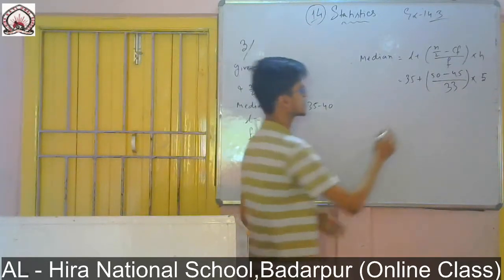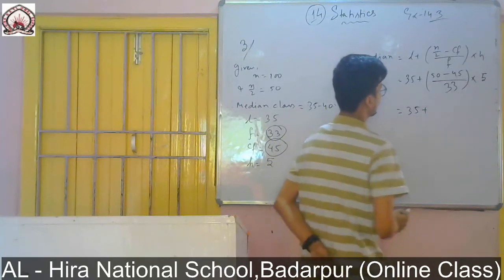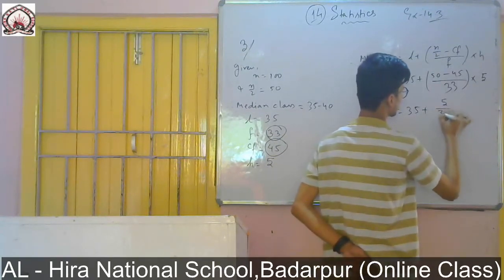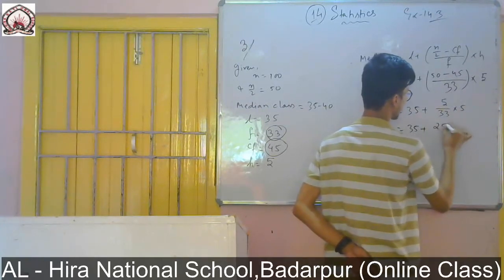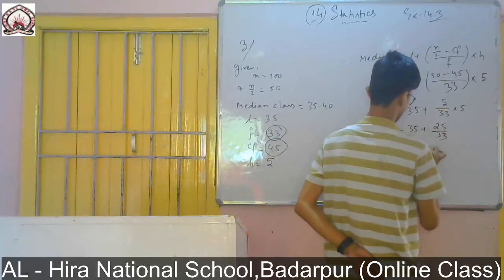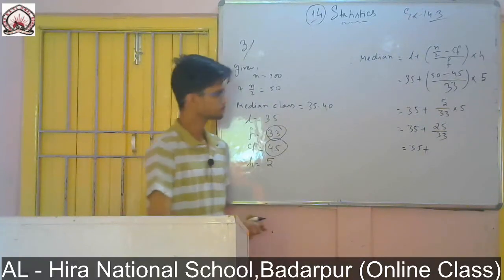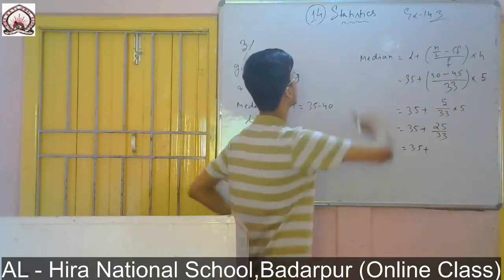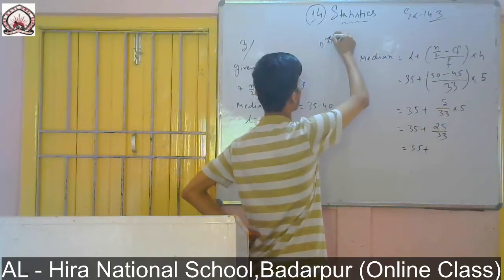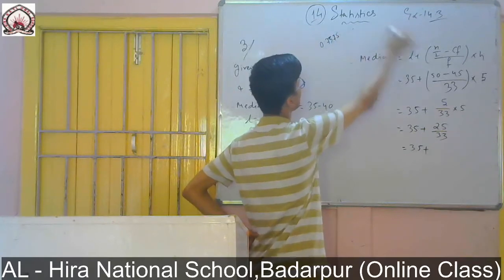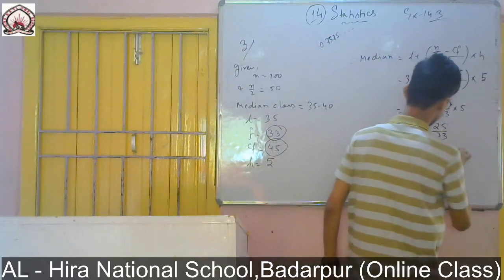So now I will calculate this one. 35 plus 50 minus 45, it is 5 by 33 into 5. 35 plus 5 into 5, it is 25 by 33. 25 by 33 will be 0.75, and it will continue like this, 75 again and again.